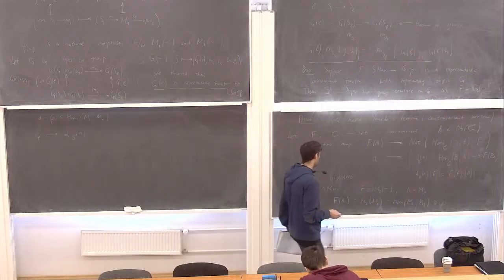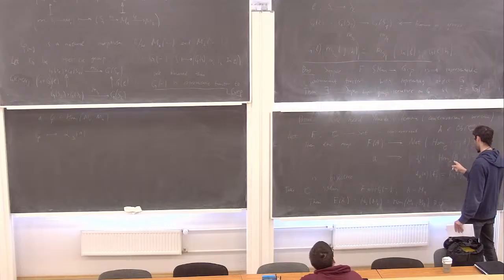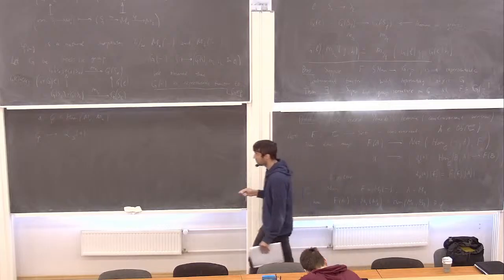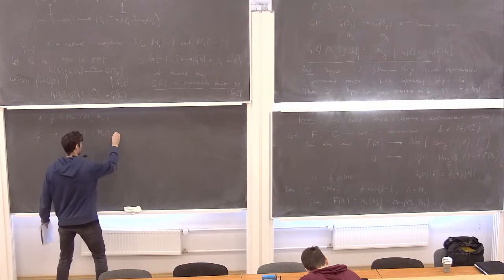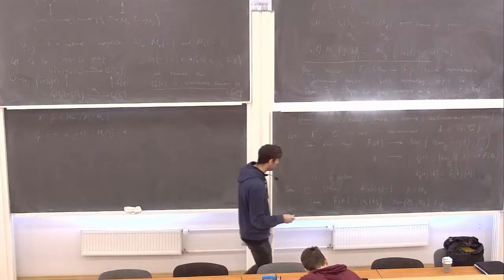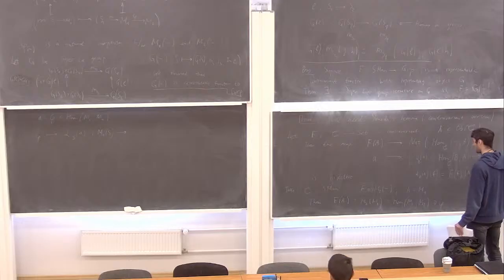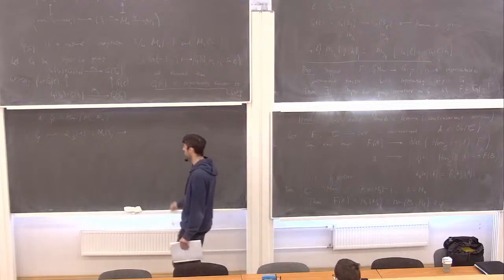From Hom from S to M1, which is just S points of M1, to F of B, which is F is M2, right? So S points of M2.